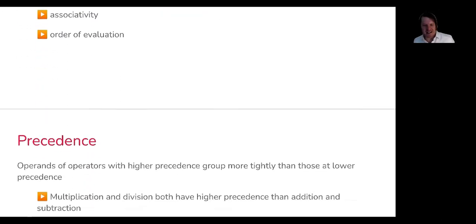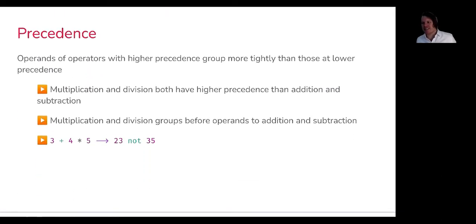We'll go with that and continue through. But let's start with precedence here. Operands of operators with a higher precedence group will group more tightly than those at lower precedence. Multiplication and division both have higher precedence than addition and subtraction. This means that multiplication and division groups before operands to addition and subtraction.